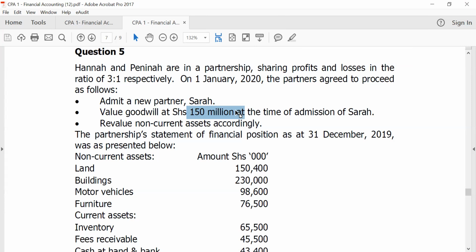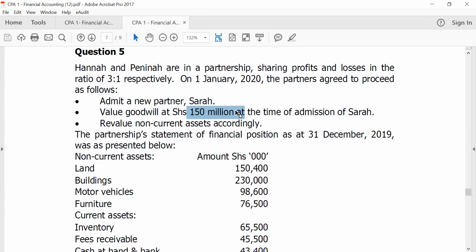Was it a suspense account? No, they asked to prepare a capital account. I think in that case, they were trying to see if you understand how to treat goodwill, and then you correct. Because if they have already told you the error, you now have to do the correction of the error, just like the approach when we are correcting errors in suspense accounts.